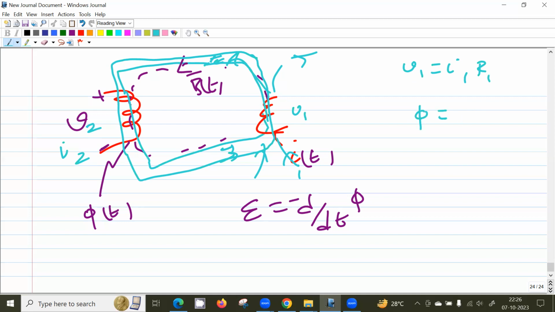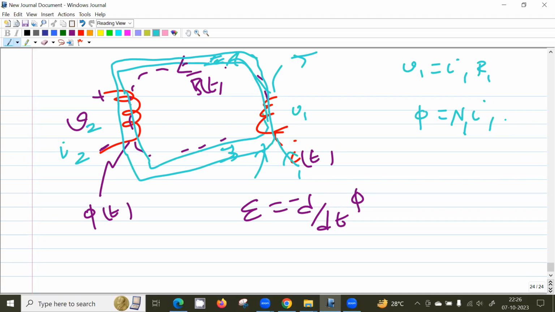The flux produced is also proportional to the number of turns. Suppose this has 5 turns; if you make the number of turns 10, then the flux will double. So it depends on N1 I1 of coil 1.